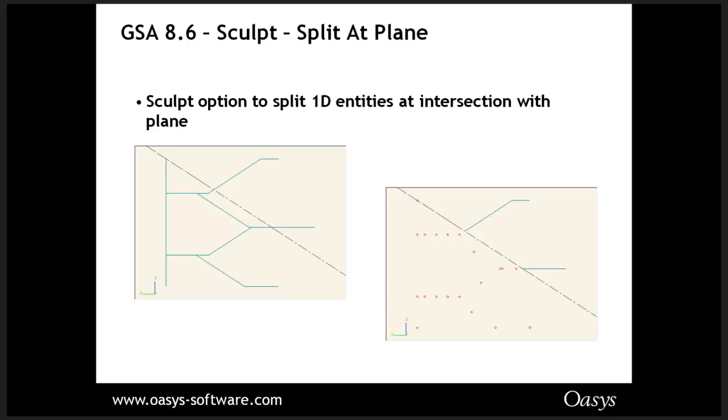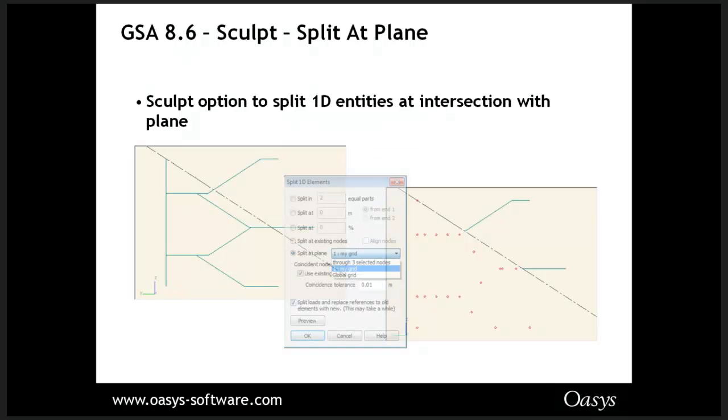It seems to have chopped the elements at the intersection of the plane quite neatly. That option is available in the split 1D elements dialog, and you can either choose to split at a grid plane or at a plane defined by 3 selected nodes.